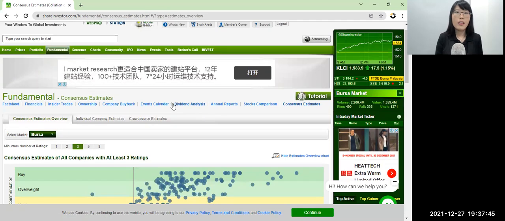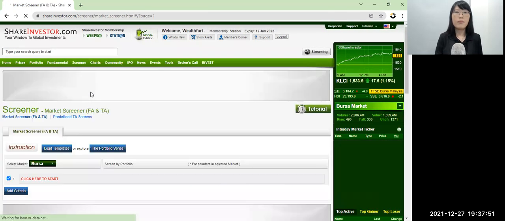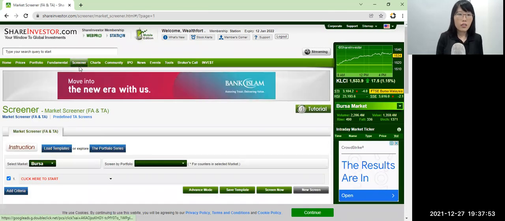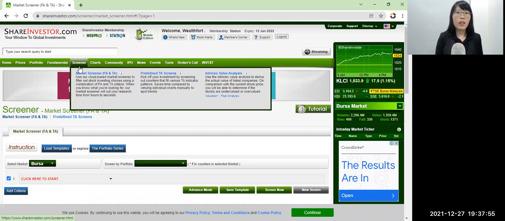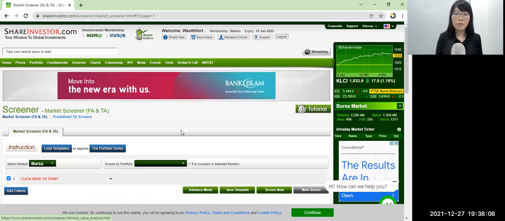So now let us go to the screener tab. Screener. You can see there are 3 screeners you can use here, which are market screener FANTA, predefined TS screens, and also intrinsic value analysis.